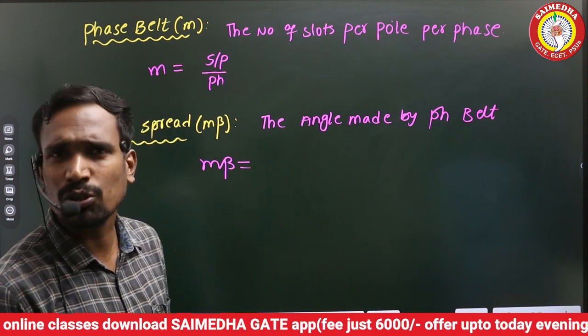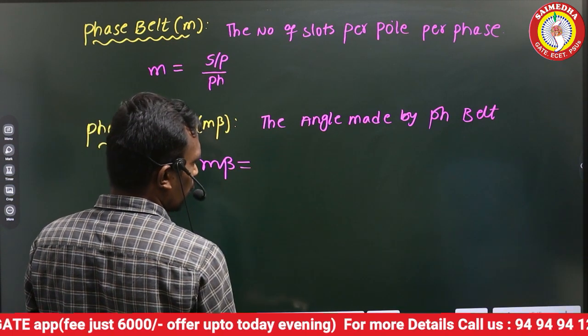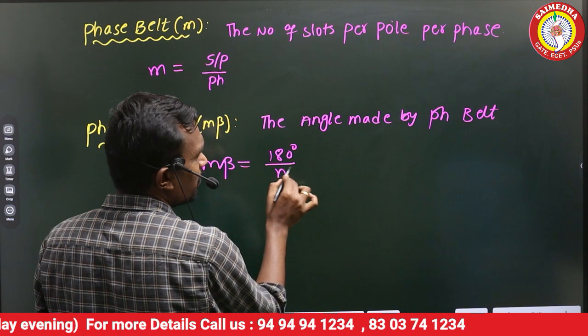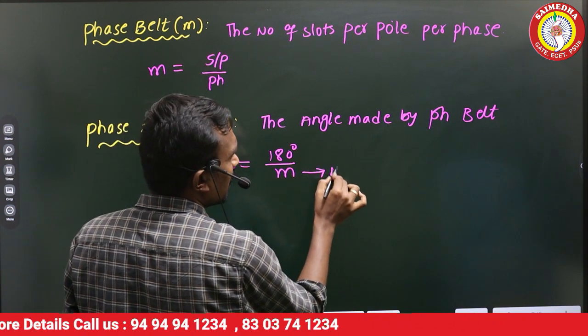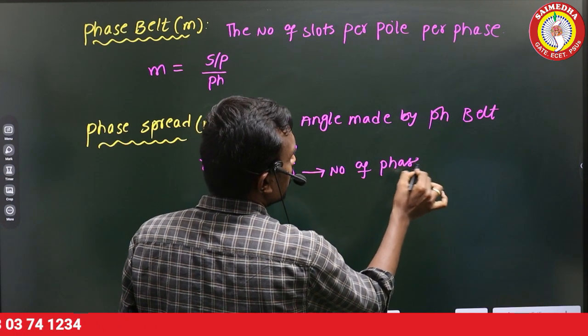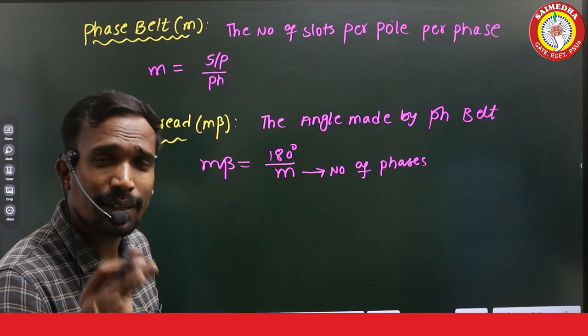What is its value generally? The phase spread value is equal to 180 degrees upon M, where M is the number of phases. Remember this formula. This is not the order of the harmonics, this is the number of phases.